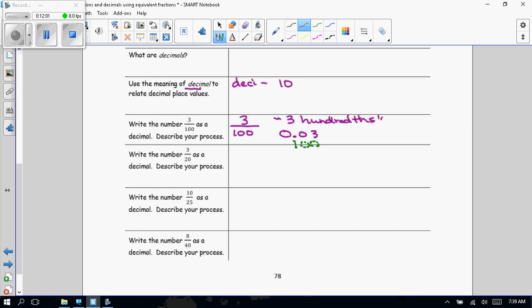So we're going to write 3 over 20. And by the way, 20 is really what? I'm going to do a little thought bubble over here. 20 is really 4 times 5, but that's not prime. Prime numbers, that'd be 2 times 2, and then times that 5 still, right?